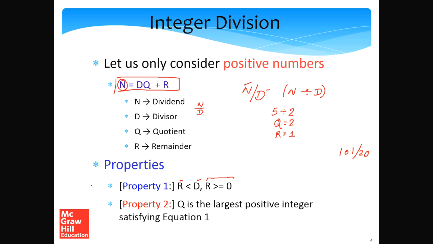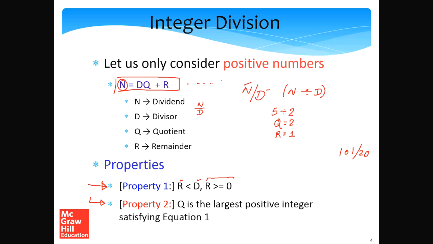Let's remember these properties. We'll refer to this as property 1, the property that the remainder is less than the divisor. The other one we'll refer to as property 2, which says that the quotient q is the largest positive integer that satisfies the equation.